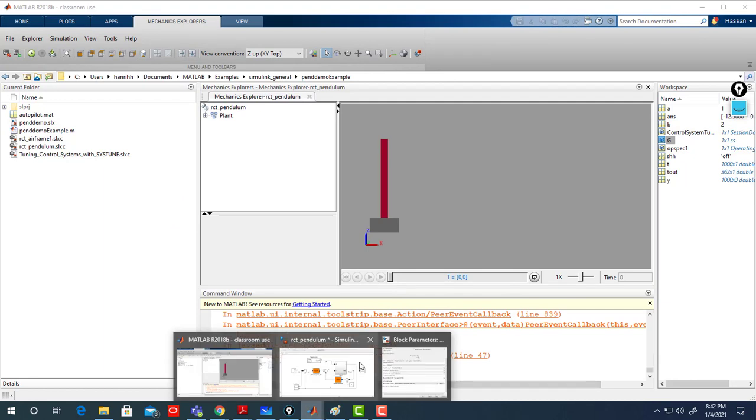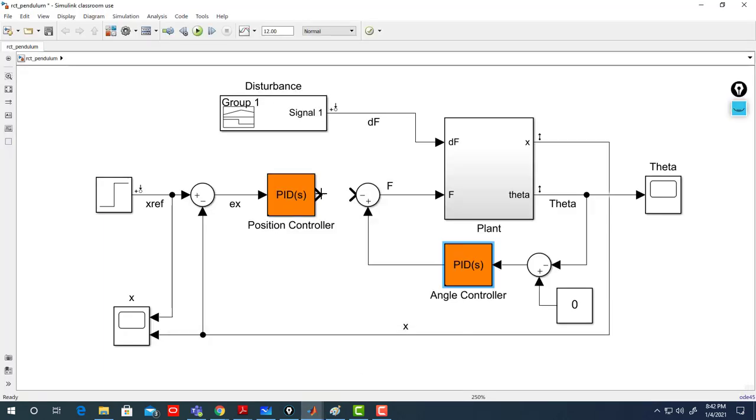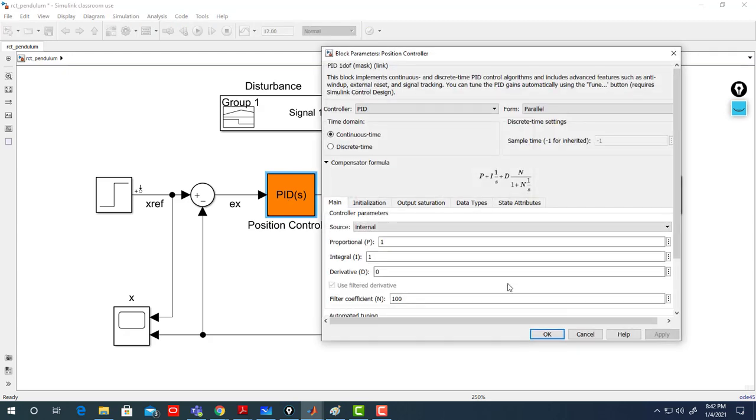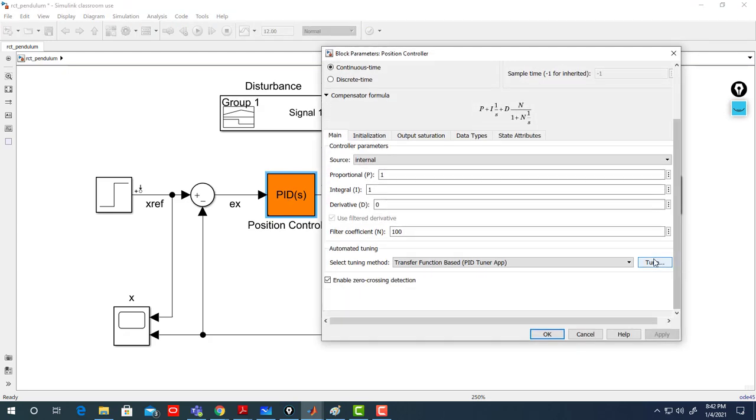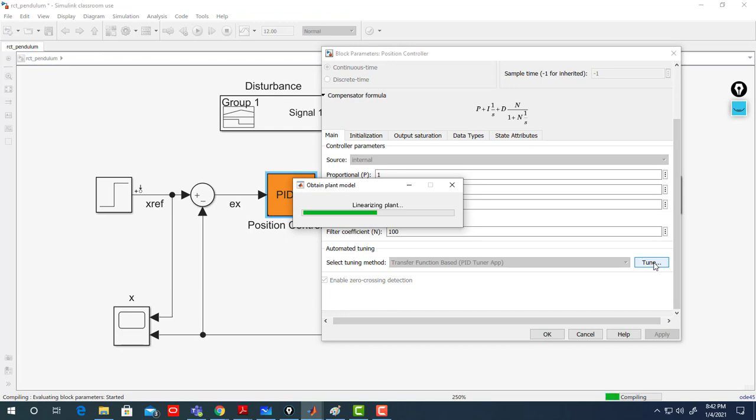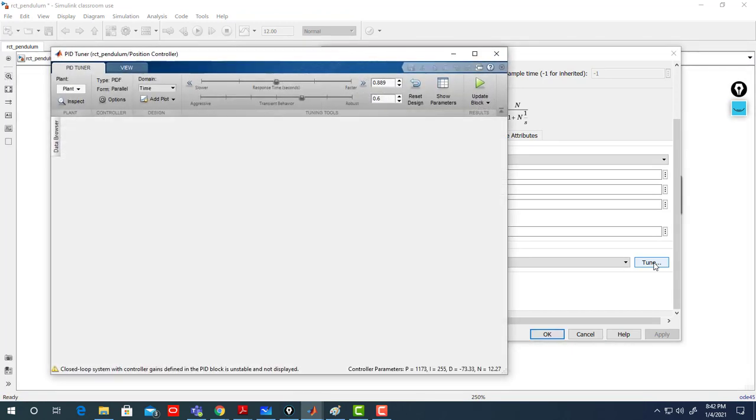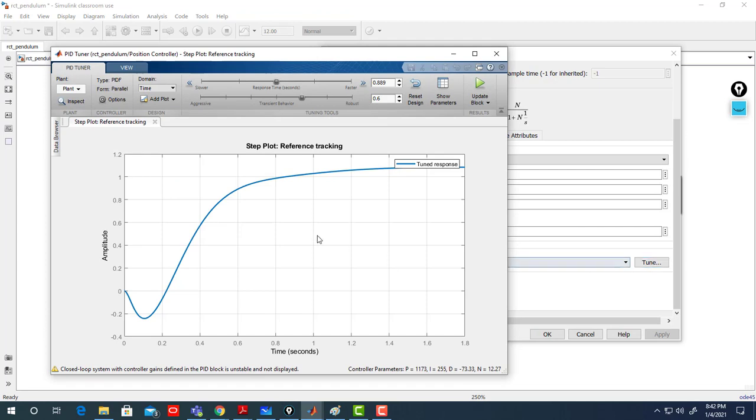Then, alright, now I connect it together and try to tune this one. Also, it seems fine. You can keep it 0.8, or, that's the auto-tuned one. Let's see the response. Look.